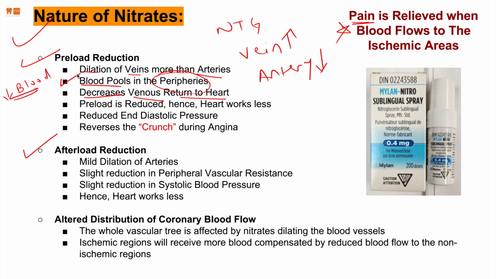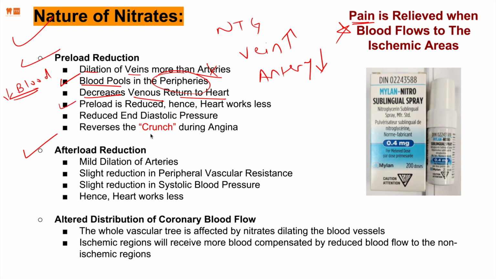That's where the blood will pool because it's relaxing, right? It's like putting water through a hose and then putting water through a bucket. It pools in the bucket and the hose allows it to go. Hose is vasoconstriction, bucket is vasodilation. Remember, we're not talking about arteries, veins. Okay. Preload is now reduced, right?